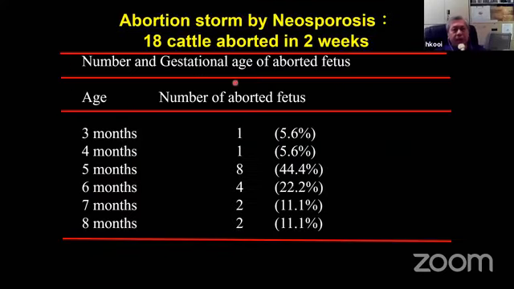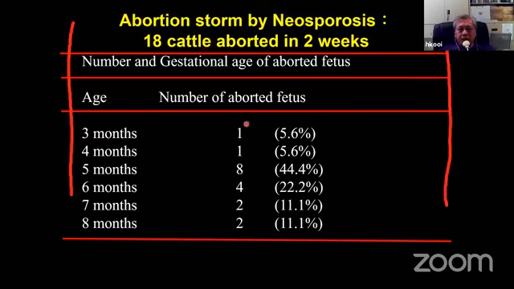Actually, I myself experienced what is called an abortion storm. In my experience, there was a cattle farmer. He has 250 cattle in his farm, and within 2 weeks, from I think May 30th until June 11th, 18 of his cattle aborted.